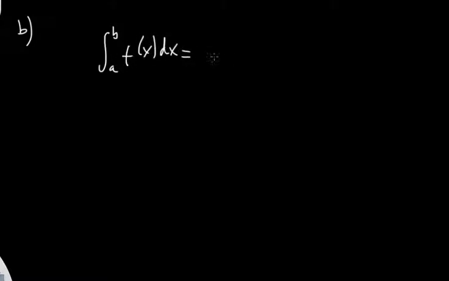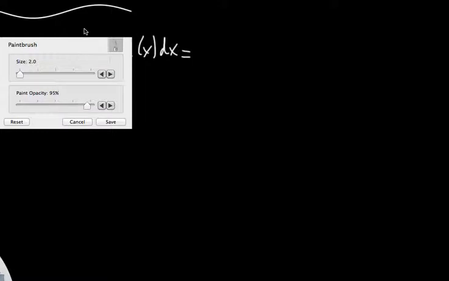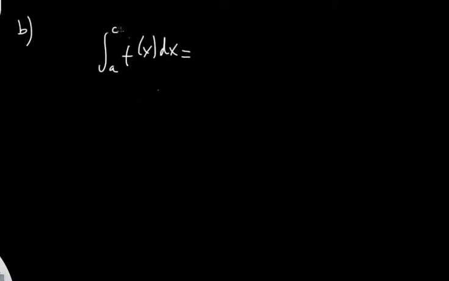So let's see. Really here they're using this other property of integrals: the integral from a to c of f of x is the same as the integral from a to b plus the integral from b to c, right?